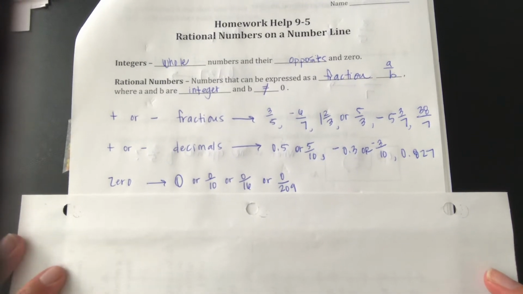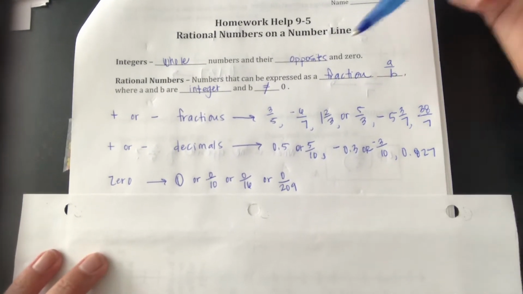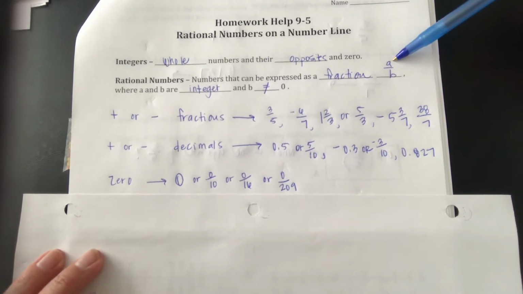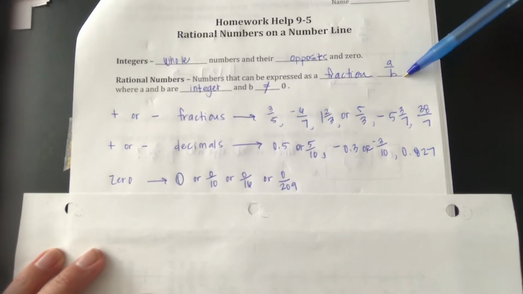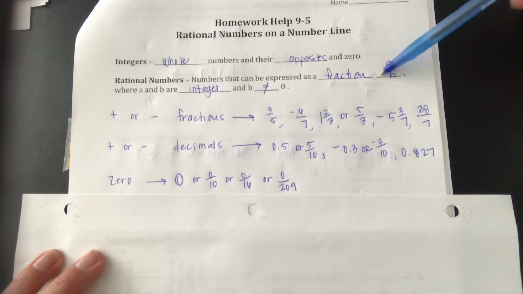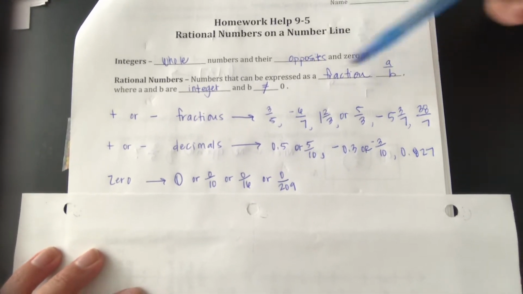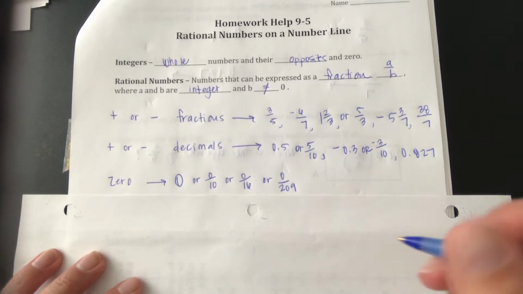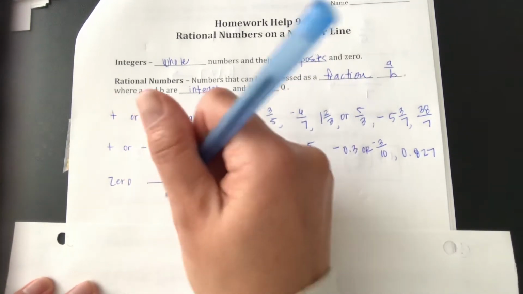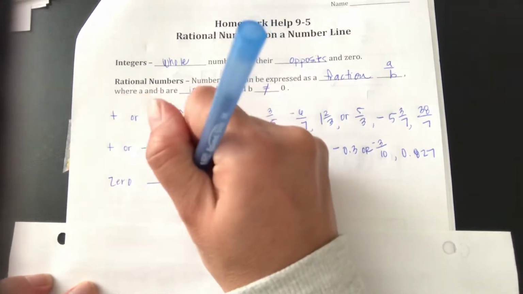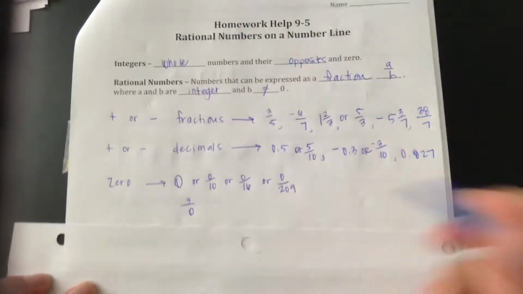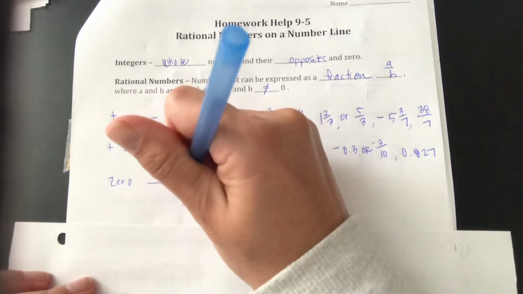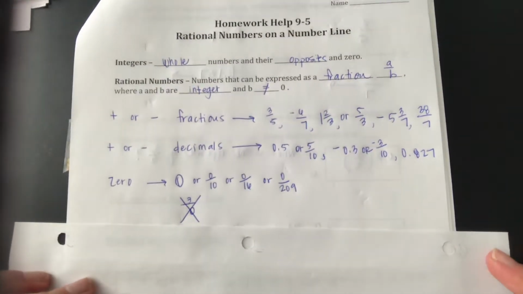They're all fractions. Now remember, in our definition here, we said that A is the numerator and B is the denominator. The fraction in a rational number, the B, cannot be 0. Okay? So for example, if you had 3/0, well, that could not be a rational number.